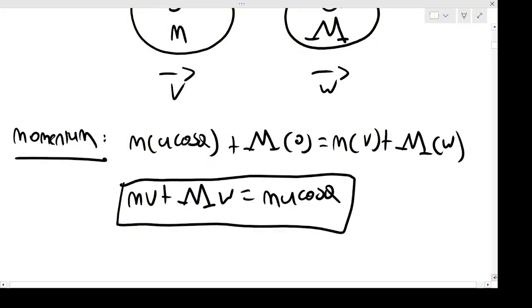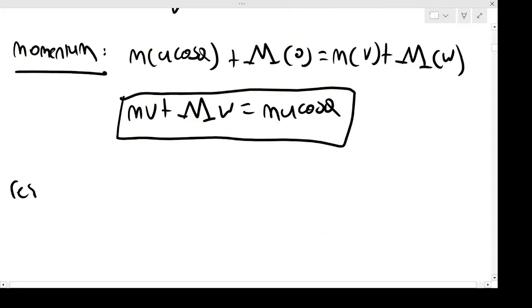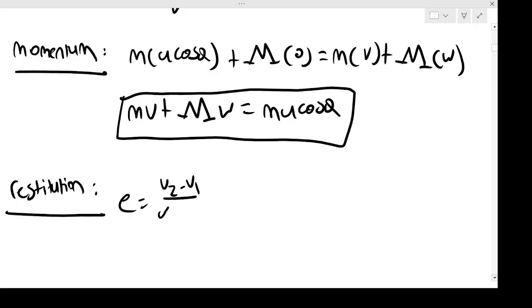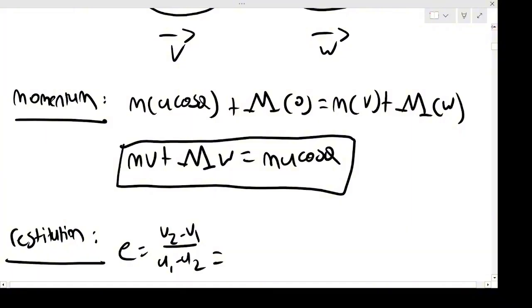Then for restitution, so that's going to be e, which is v2 take away v1 over u1 take away u2. Okay, well in this case, v2 take away v1 is going to be W minus V. And I don't need to negate any of them because they're both going in the positive direction forwards.